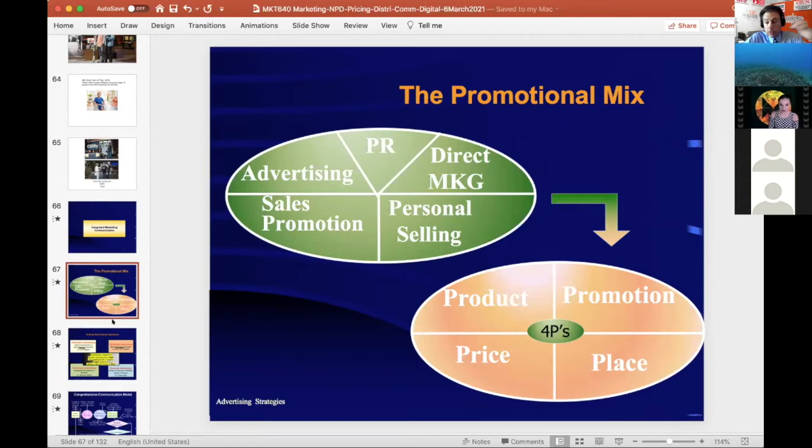So what's inside? Inside, you have sales promotion. Sales promotion is the idea that you're going to create incentives to sell as quickly as possible. Then you have direct marketing, which is that you have a data set of people and you know information on these people, and you're going to create a message, be it an email or a text that you send to their cell phone, saying something like 50% off on orange juice.